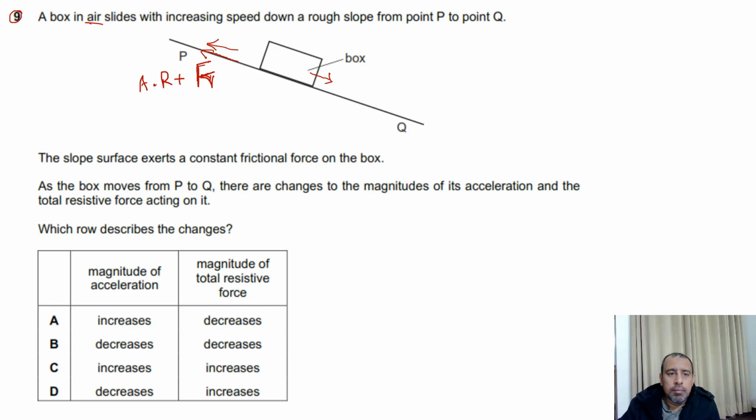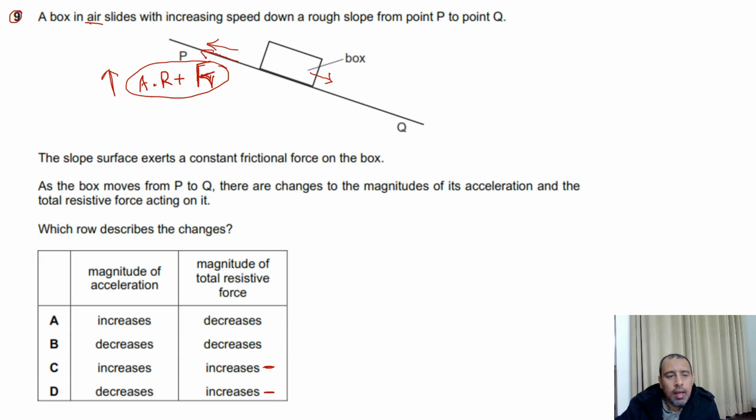Which describes these changes? As you know, when it speeds up downward, this air resistance starts increasing. When this air resistance starts increasing, this whole sum is increasing definitely. So we can say that the magnitude of the total resistive forces increases.